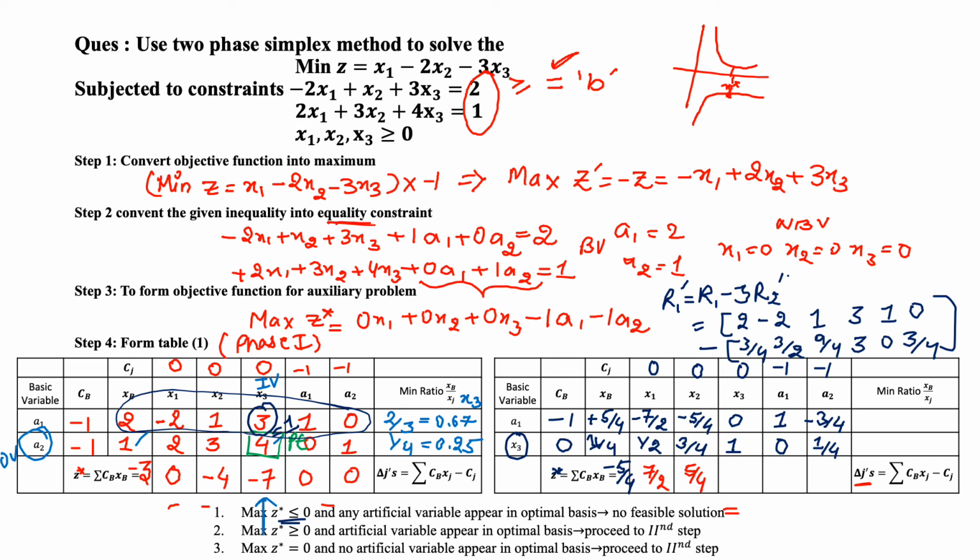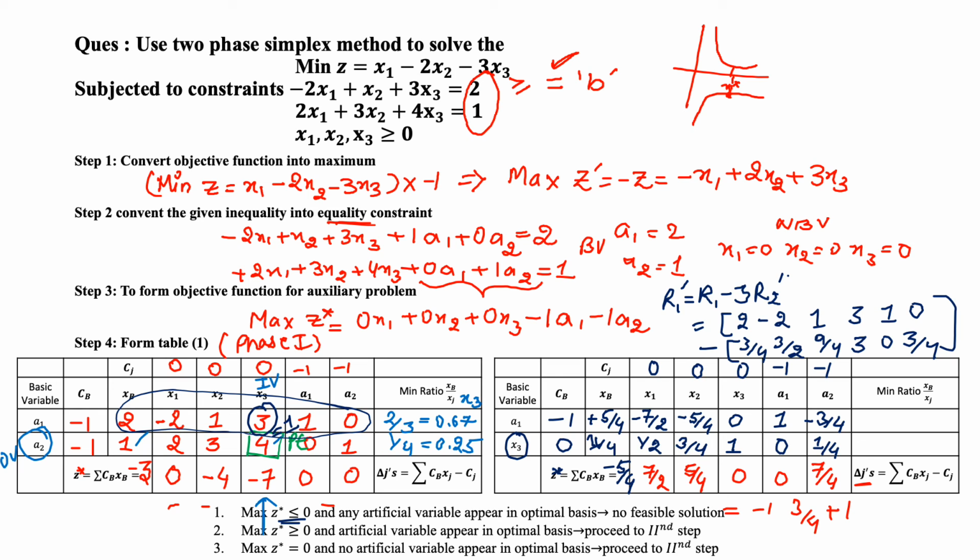Then minus 1 into 0 is 0. Minus 1 into 1 is minus 1 and plus 1 will give you 0. Here it is minus 3 by 4, minus will become plus 3 by 4, minus 1 is plus 1. So it is 7 by 4.